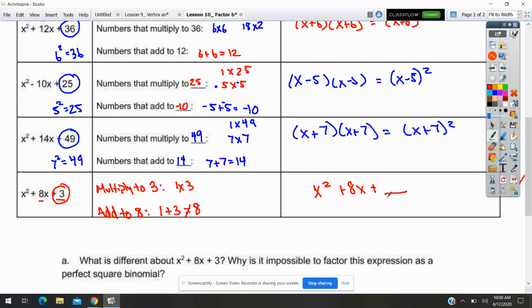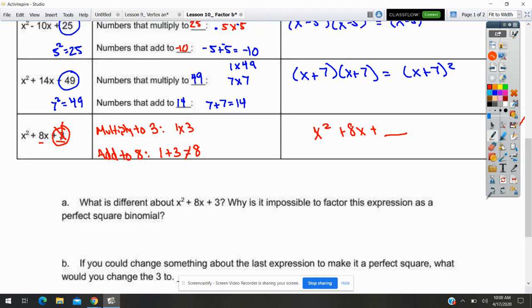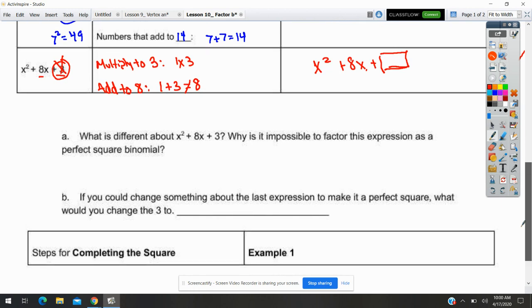Okay? So we cannot factor it with the 3 being here. We're going to have to remove this 3 and replace it with another value so that we can factor it. And that's what's called completing the square, because we want to change this to a number that's a perfect square so that we can complete the factoring process.